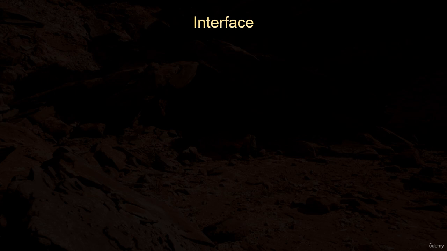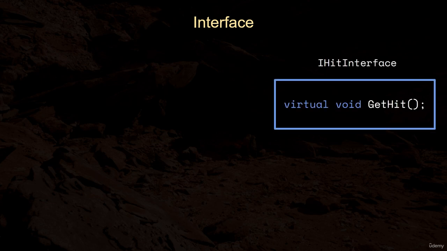Here's how interfaces work. You'll have a class. For example, we may make a class called hitInterface, and the class will have its own functions. But the special thing about interfaces is they're designed to declare functions, but not actually define them.